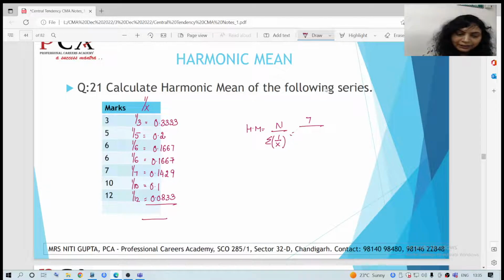This will be 1.1929. So 7 divided by 1.1929, our answer is 5.868. This is our harmonic mean in case of an individual series.